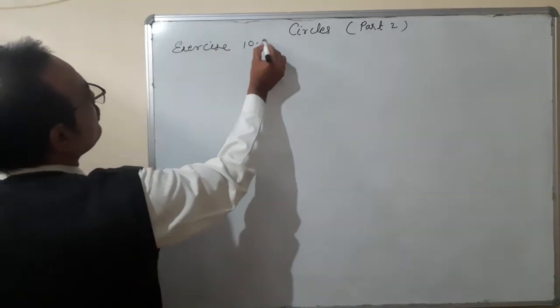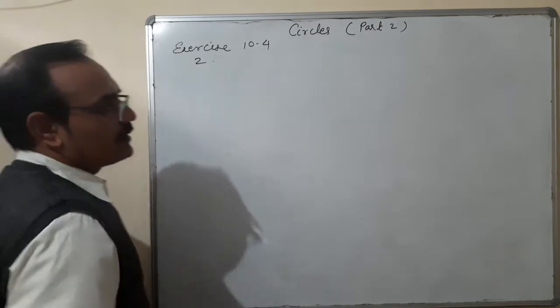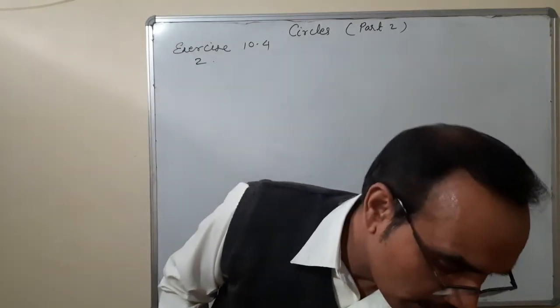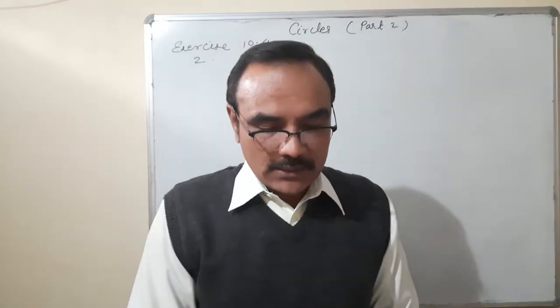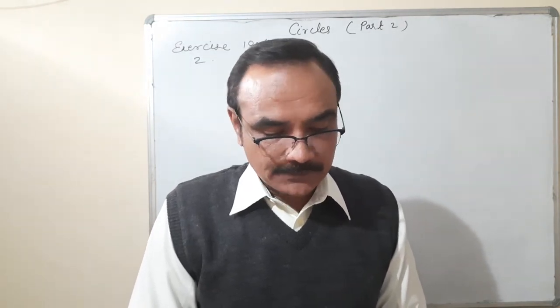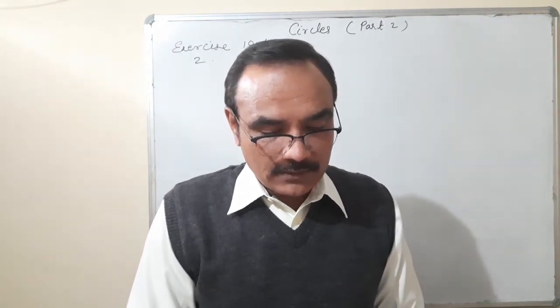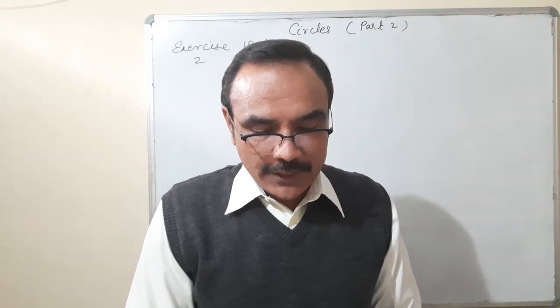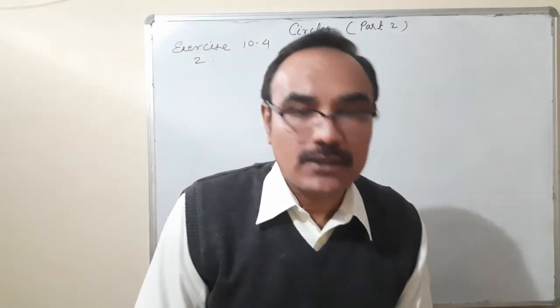Exercise 10.4, question number 2. The question is: two equal chords of a circle intersect within the circle. Prove that the segments of one chord are equal to the corresponding segments of the other chord.